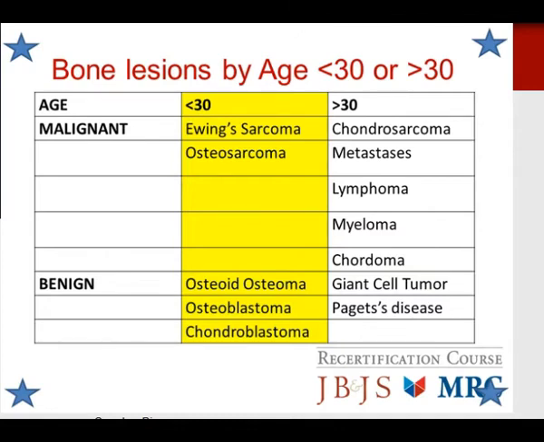In contrast, benign lesions that occur in patients less than 30 are osteoid osteoma, osteoblastoma, chondroblastoma, and giant cell tumor, and Paget's disease tend to occur in older patients. So instead of remembering specific numbers, specific ages, it's helpful to remember some diseases occur in younger patients, usually less than 30, and the other diseases occur in patients who are older or greater than 30.